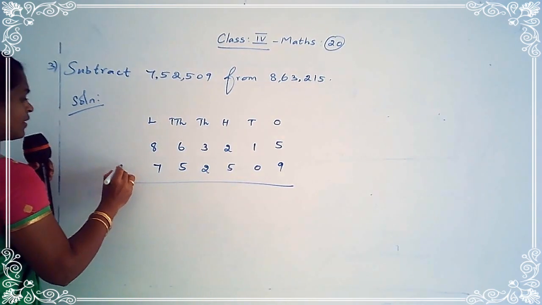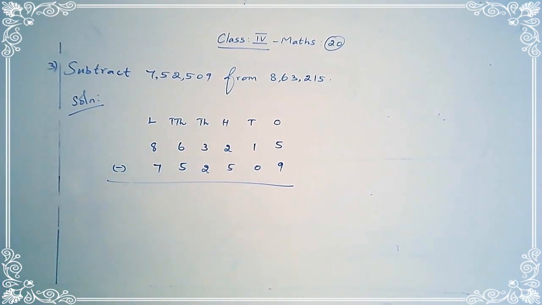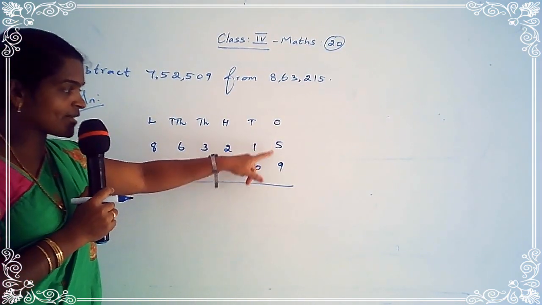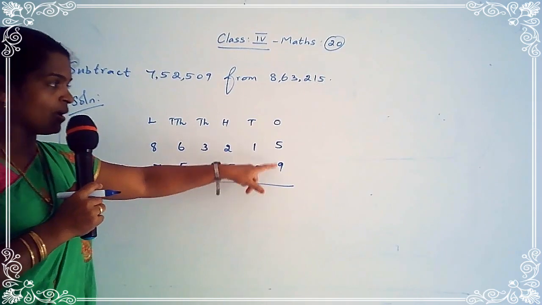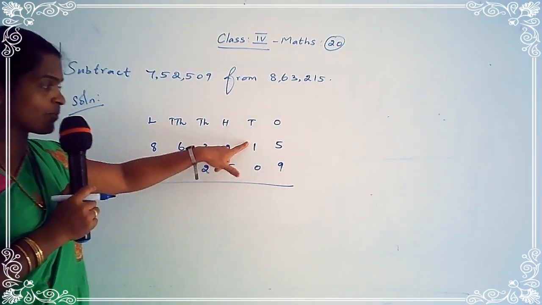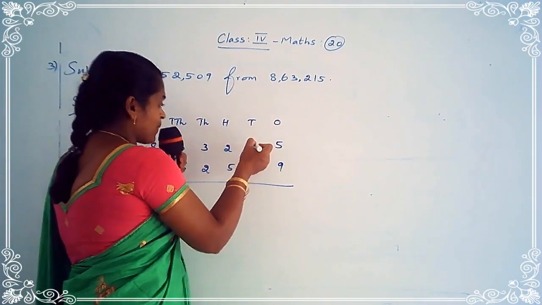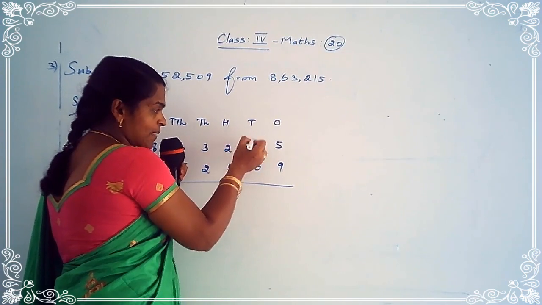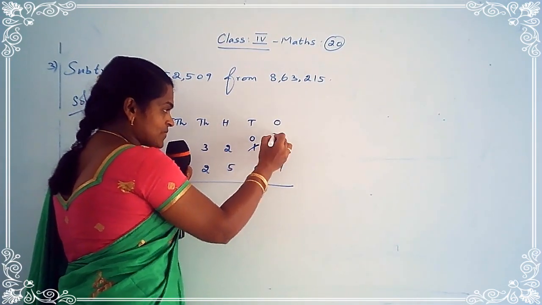Okay children, now you subtract. We start subtraction from ones place. Here ones place has 5 and 9, so 5 is smaller than 9, so it cannot be subtracted from 5 to 9, so you go to the next place and borrow. Here next place has 1, so you borrowed 1, so 1 becomes 0, 5 becomes 15.